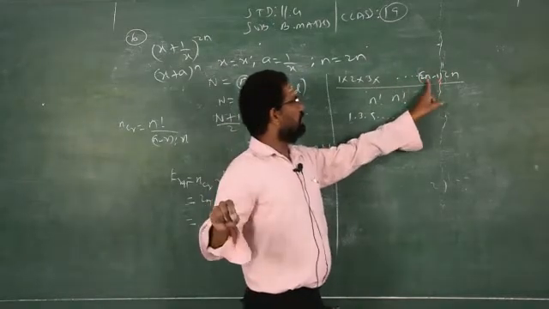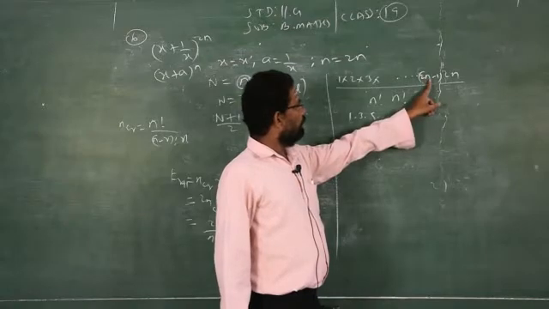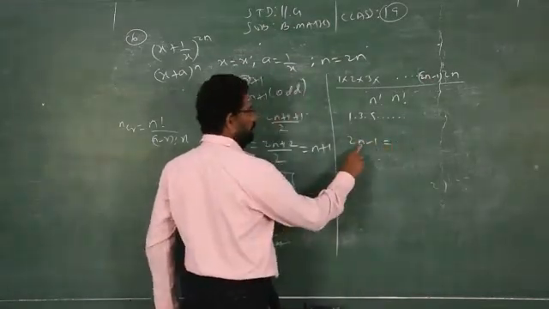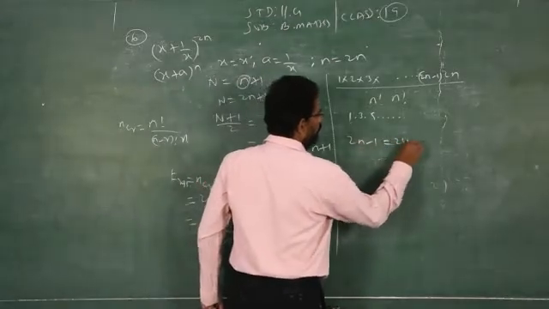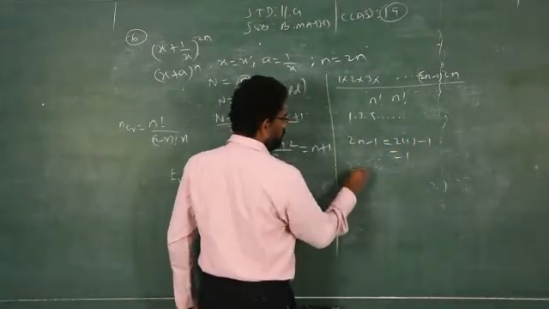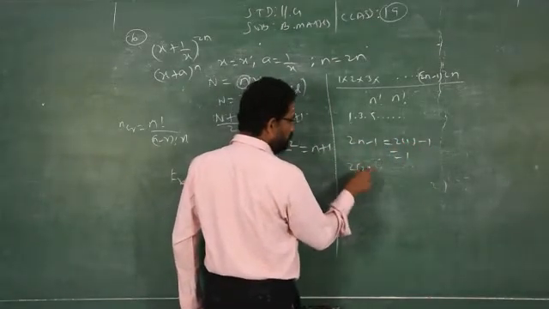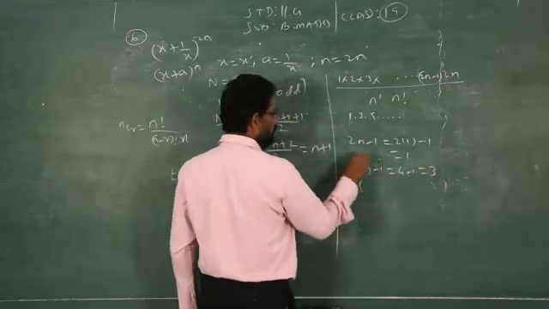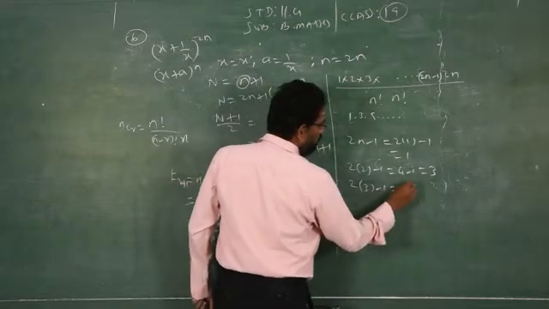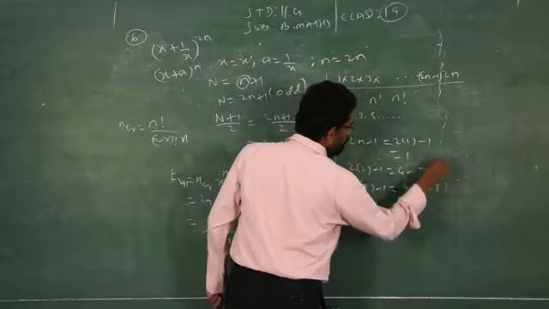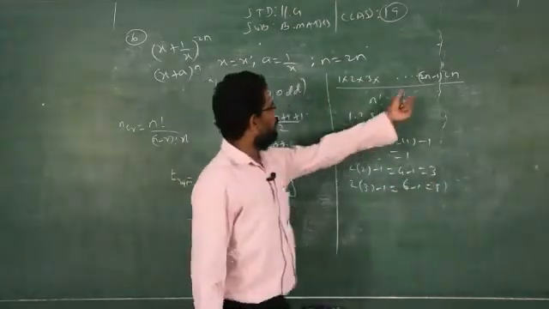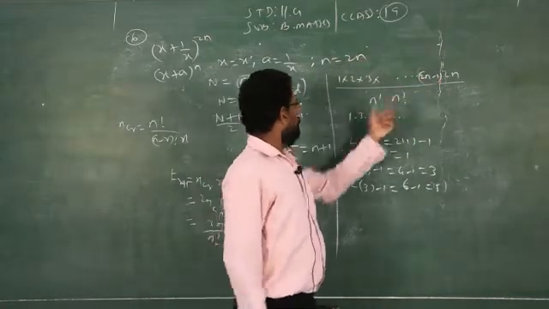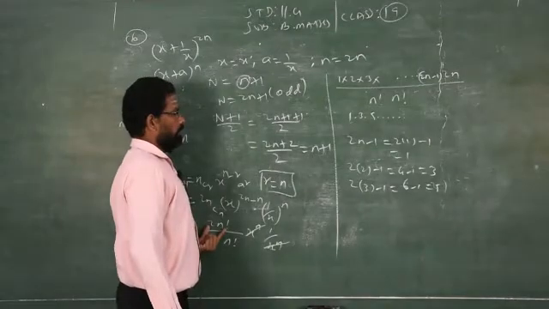By replacing n equal to 1 in 2n minus 1, the answer is 1. Replacing n by 2, 4 minus 1, the answer is 3. Replacing n by 3, I get 5. See, I got only odd numbers. Therefore, this is the last odd number of this factorial, 2n factorial.